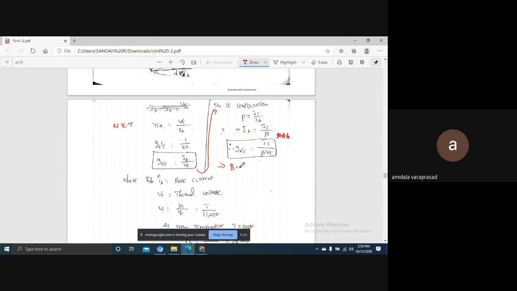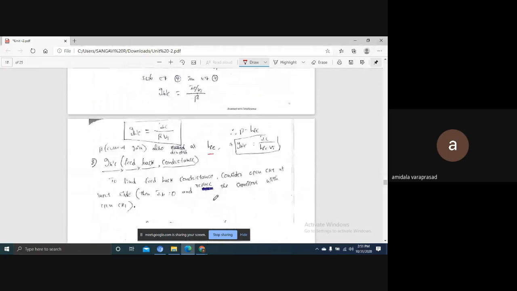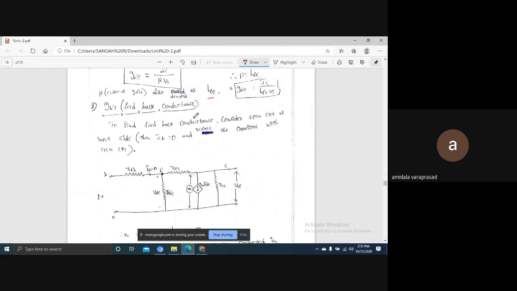You can do either this derivation or the other one; that is your wish. G dash is the feedback conductance.